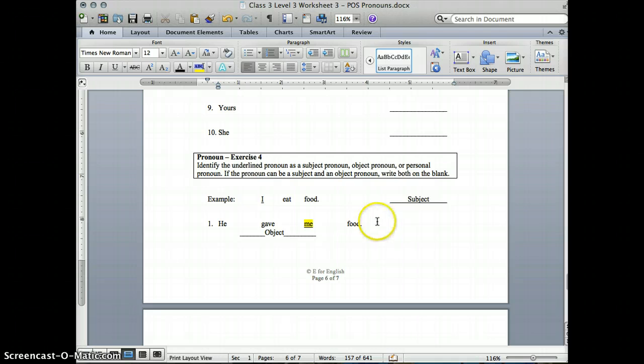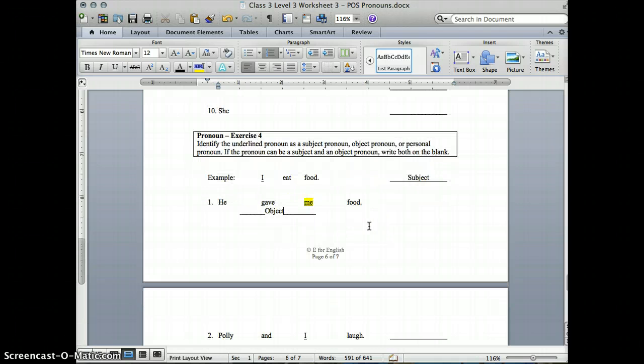Another way you can do number 1 is if you don't want to keep going back up to looking at the charts up there, you can actually look at what the sentence says. So you know that it's not going to be a subject pronoun because me is not in the subject and it can never be used in the subject. But you see that it is part of the predicate, which is this whole part, and therefore it has to be an object pronoun.